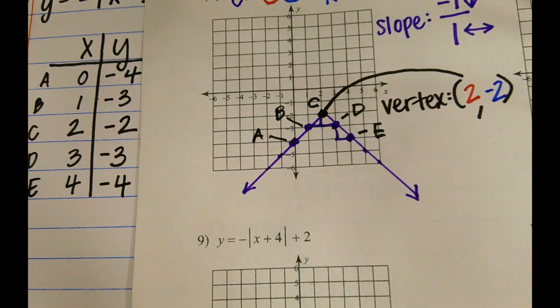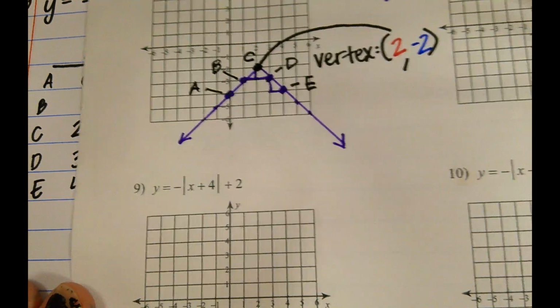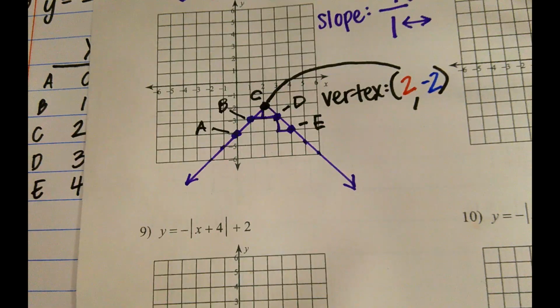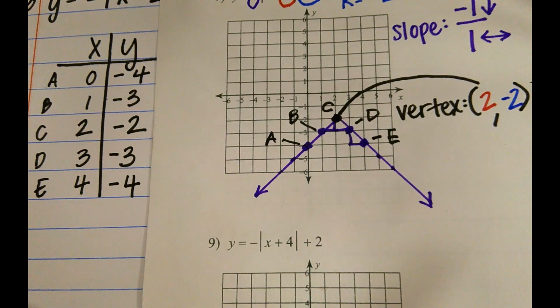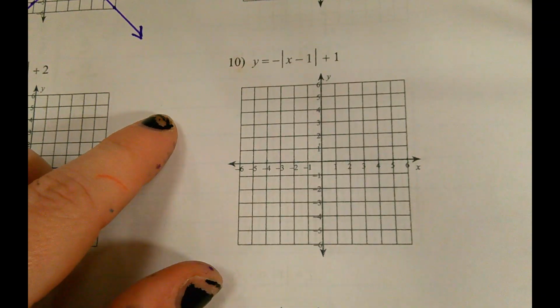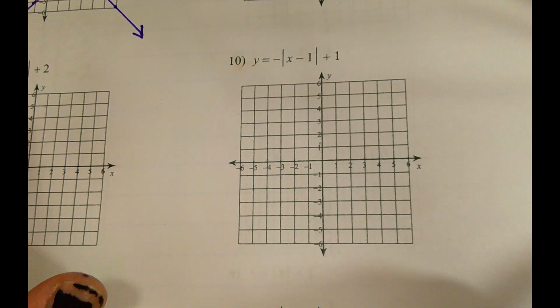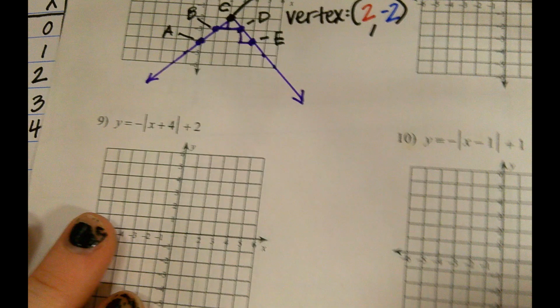You can always tell me to go back to something. Do you still need it? Now scooch up. Number 10. Let's use number 10 for this next. Are you still writing? Okay, I just want to make sure I'm not going too fast.